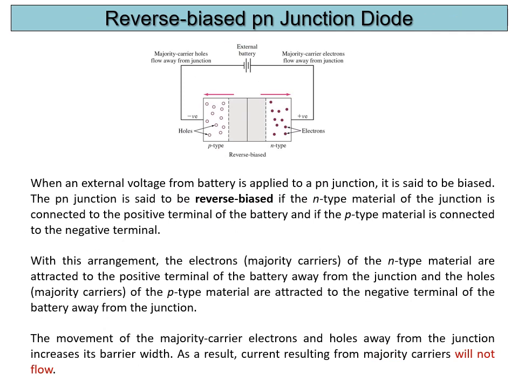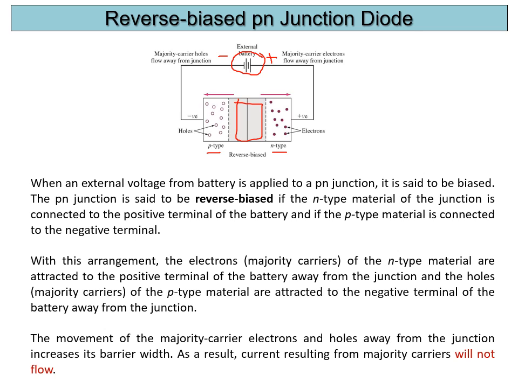When an external voltage from a battery is applied to a PN junction, it is said to be biased. The PN junction in here is said to be reverse biased if the n-type material of the junction is connected to the positive terminal, while the p-type is connected to the negative terminal.